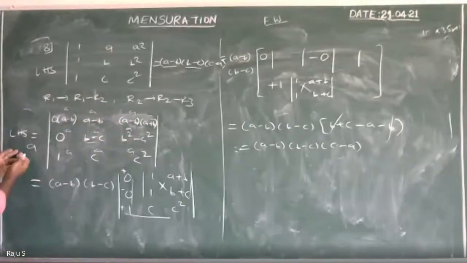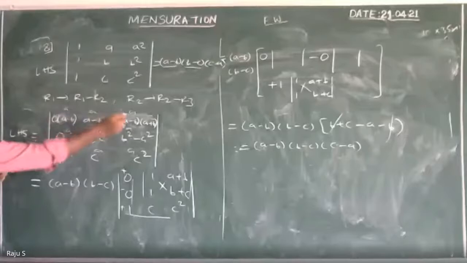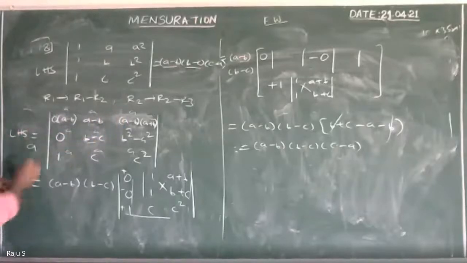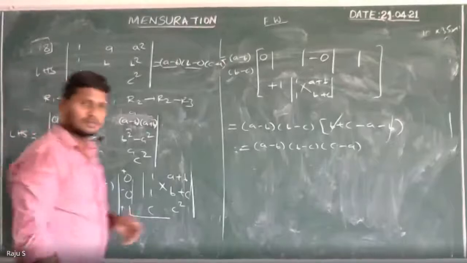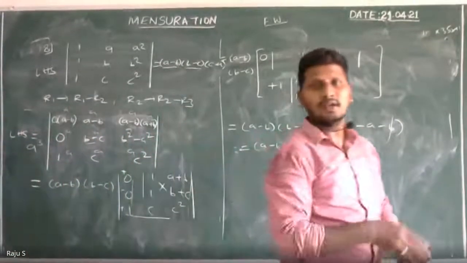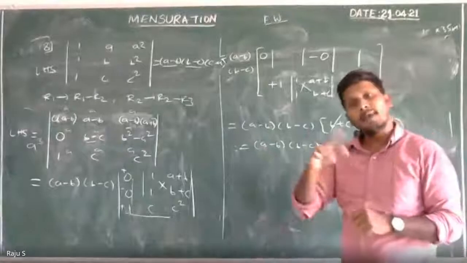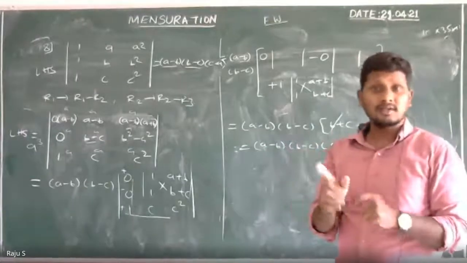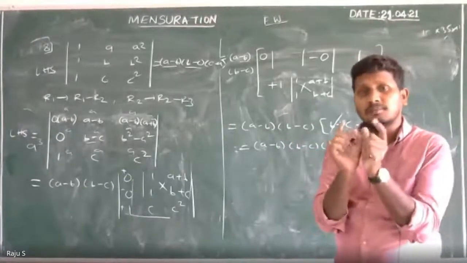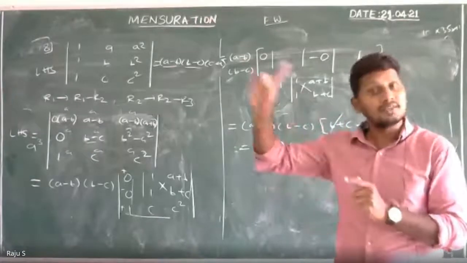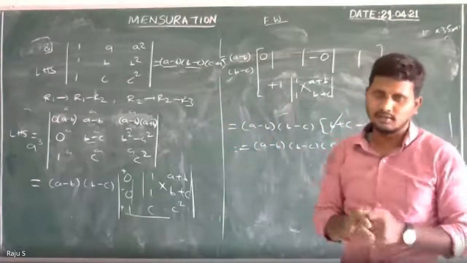You should not write A outside. You should write A is common for first row, second row, third row. 3 rows are there, so it becomes A cube. Or you can take it column wise also. Finally, you'll get A cube, not A. In a matrix, it must be common to each and every element, whereas in a determinant it is not like that.